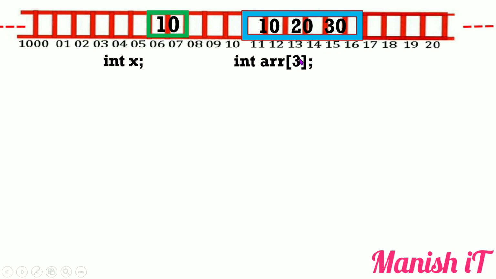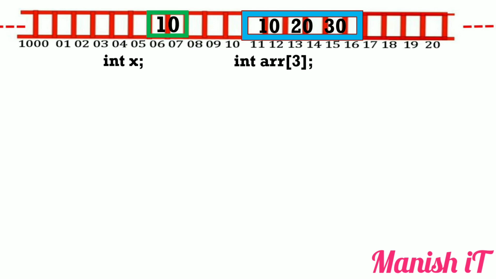The answer is, it is impossible to increase the size with the same declaration in the same memory block. Here I have already declared the array size as 3. Once the array size is declared, it is never possible to increase or decrease the array size, from the array property.